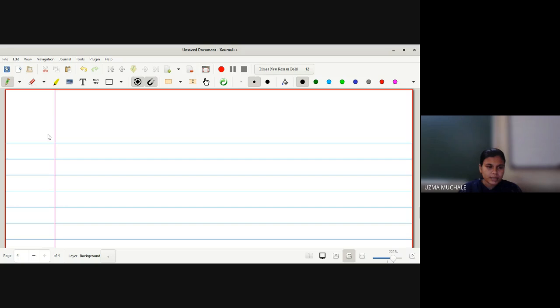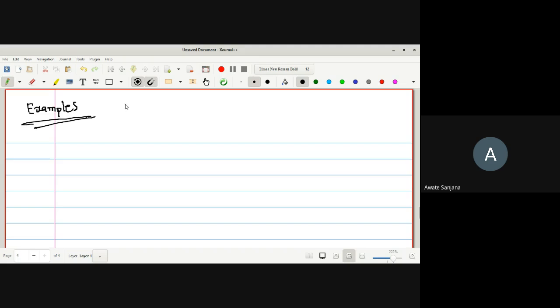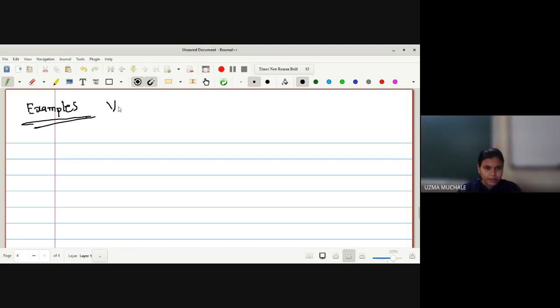Now let us go for the example. Is it okay? Yes, ma'am. You should also write the examples along with me. A vector field V is given to us as x square u1 plus y u2, and f is a function given to us as f equals x square z plus y.